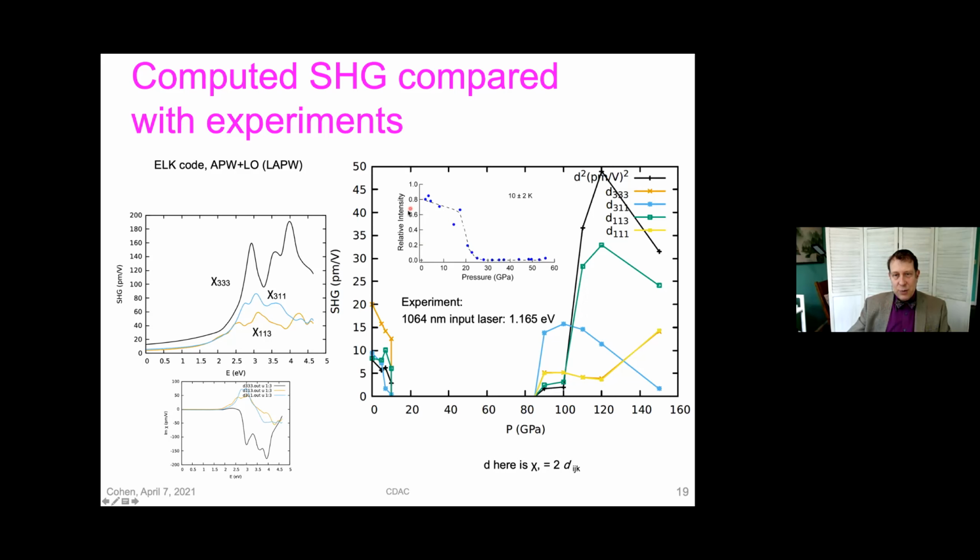By the way, this is just a relative SHG intensity in the experiment, whereas we're calculating absolute intensity. But it's hard to measure absolute intensity, so we just compare the overall shape with the experiment.